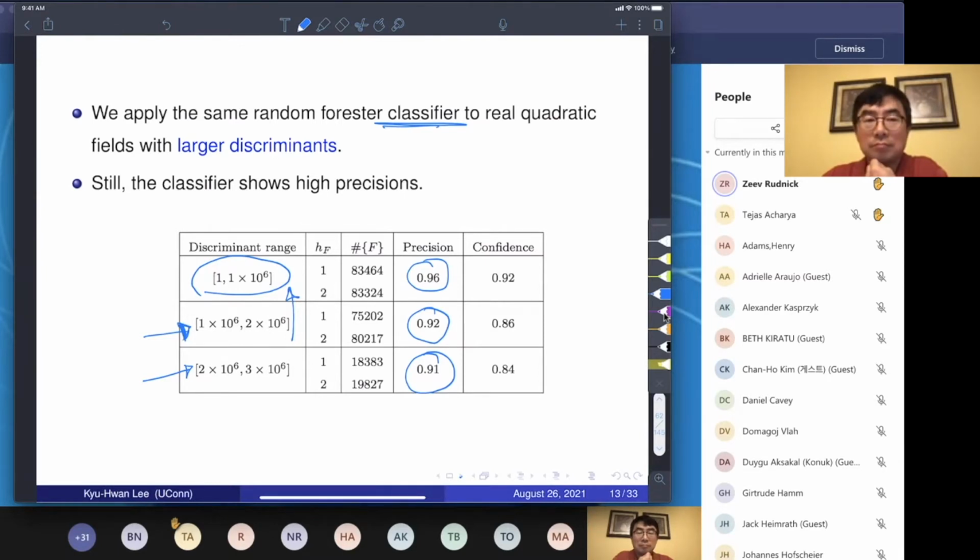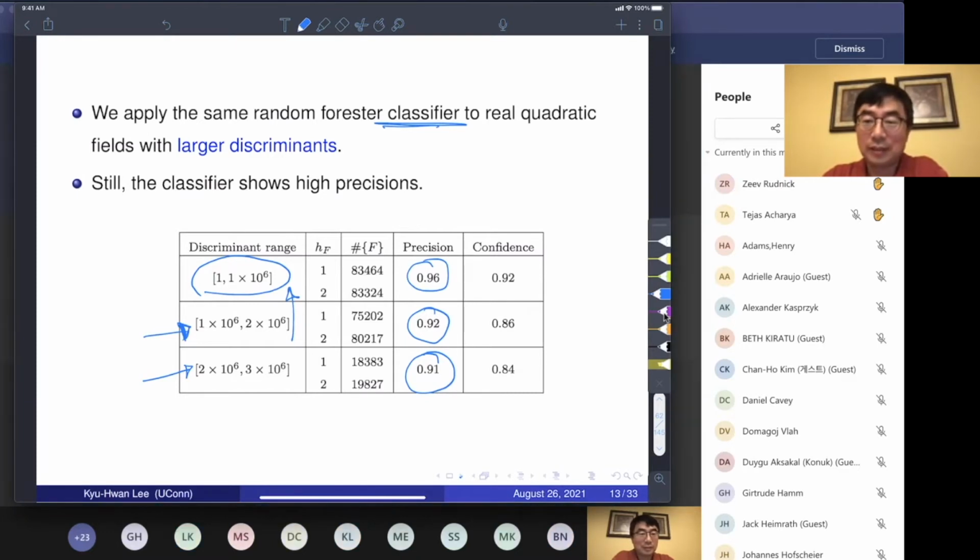So I suspect that the discriminants here are usually primes, but maybe they are products of 2 primes if the class number is 2. So this is something that you can check. And that may be a non-random feature: it's conceivable that the algorithm actually learns to distinguish whether an integer is a product of 2 primes or a prime. So that's worth checking. I don't know the answer to that right now. Okay, thank you for the comment. Yeah, I will definitely check.